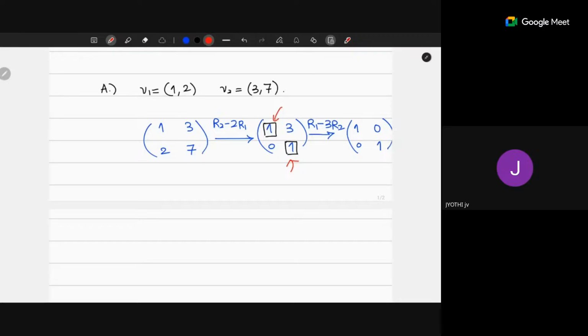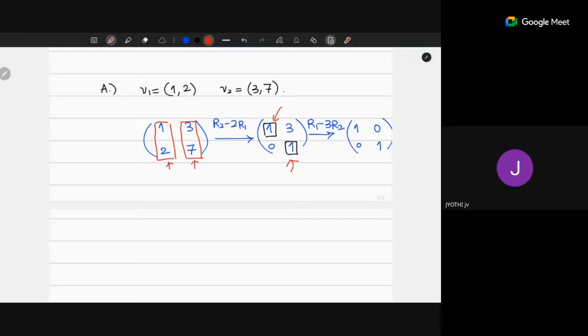Since the pivot is in the first column, what is the first column in the beginning? 1, 2, this vector. And the pivot is also in the second column, so what is the vector at the second column? 3, comma 7. So 3, comma 7 and 1, comma 2 are a basis of this spanning set as well.